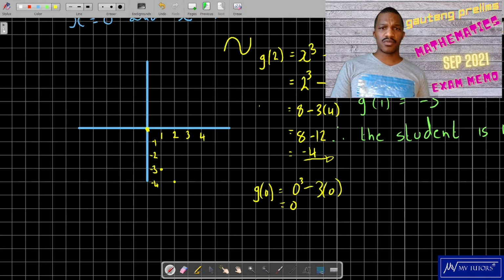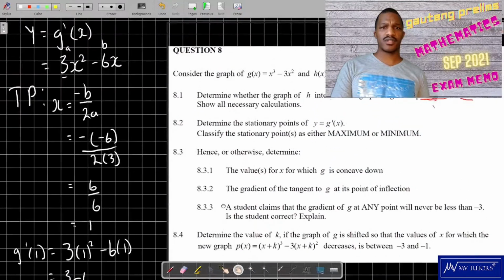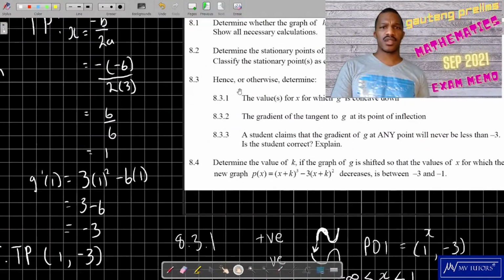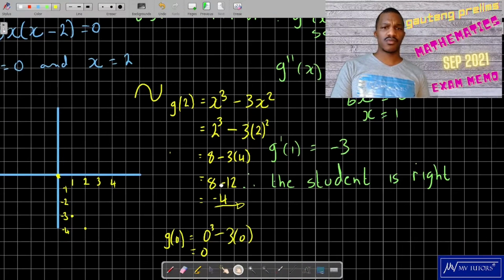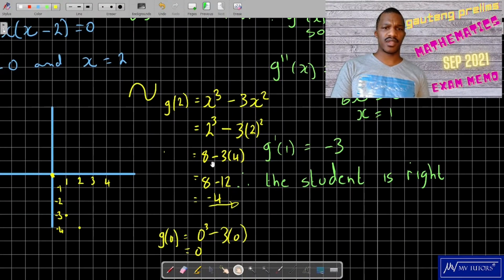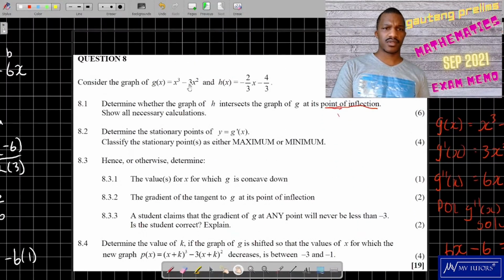So 2 cubed is 8. Wait, did I write this correctly? Equation 3, x cubed plus 2. It's 2, not 3.